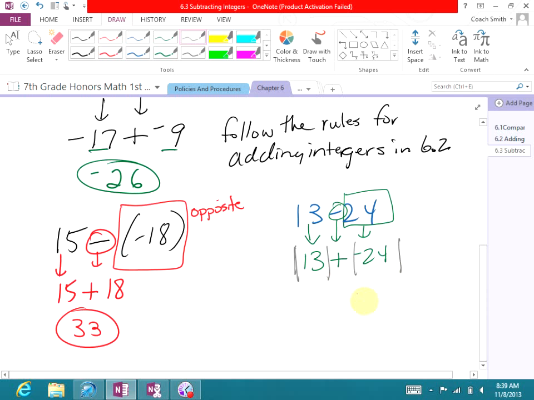The absolute value of 13 is 13. The absolute value of negative 24 is 24. And we subtract their absolute values. 24 minus 13 is what? 11. The larger absolute value has a negative sign, so I have to bring that into my answer.